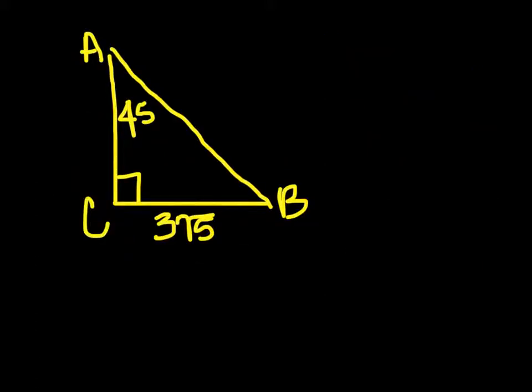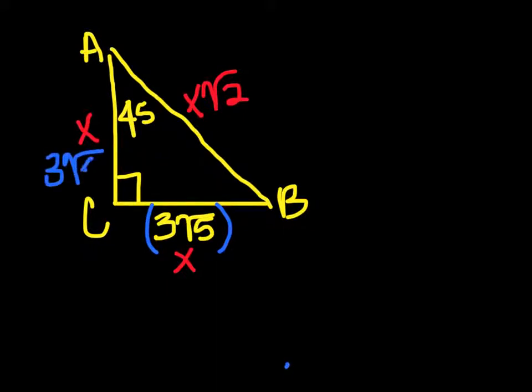Now let's look at this example. We have a triangle ABC such that BC is equal to 3 square root of 5. If you go in and label each side x, x, x square root of 2, we can solve and find out what the value is. Remember, 3 square root of 5 is the whole x value. So if BC is 3 square root of 5, AC is also 3 square root of 5.